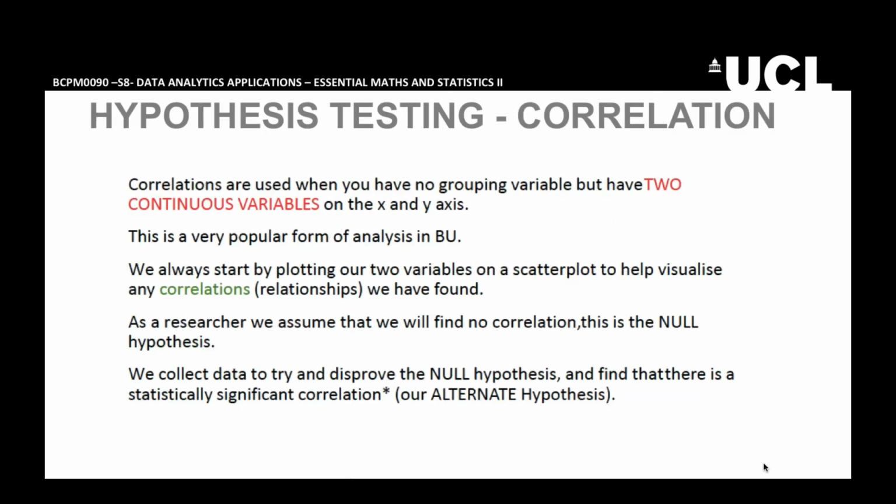So we will use correlations when we have no grouping variables. If you remember, for t-test and ANOVA we had grouping variables, but in this case, we have at least two continuous variables. In order to see the relation between these two variables, we usually start by plotting our two variables on a scatter plot to help visualize if there is any correlation.